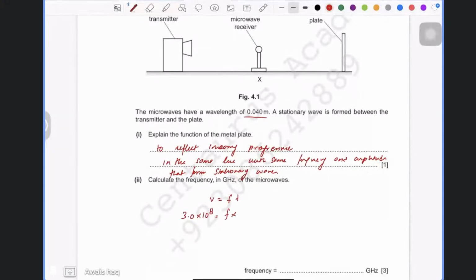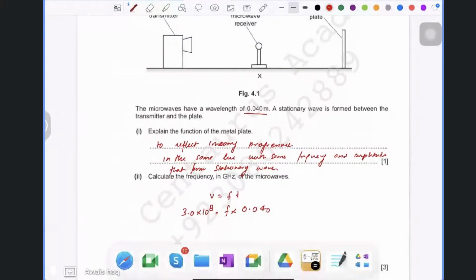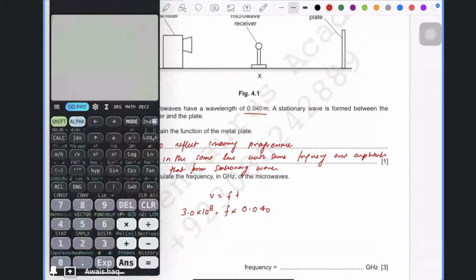So we're going to do 3.0 times 10 raised to power 8 divided by 0.04. So we get 7.5 times 10 raised to power 9. So it's going to be 7.5 gigahertz, like that.